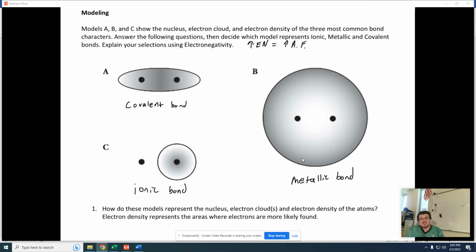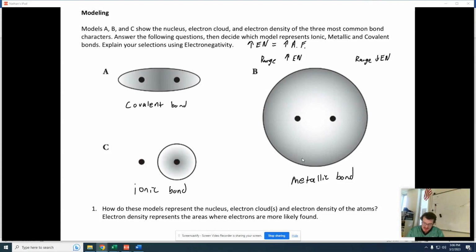So we started the metallic bond claim together. We said that a metallic bond is made of two atoms that have low electronegativities. And then I asked you to come up with some form of evidence. The best evidence that I would have grabbed would have been the range for the high electronegative atom and the range for the low electronegative atom.